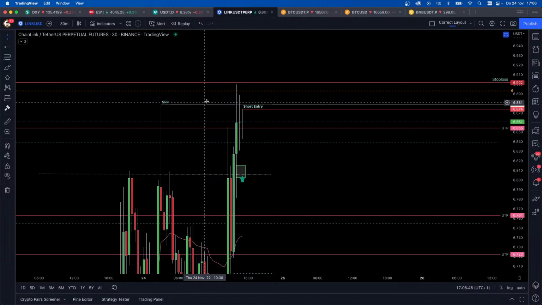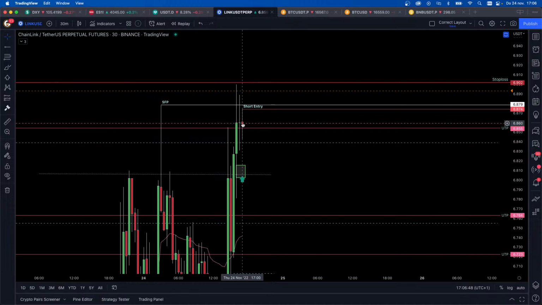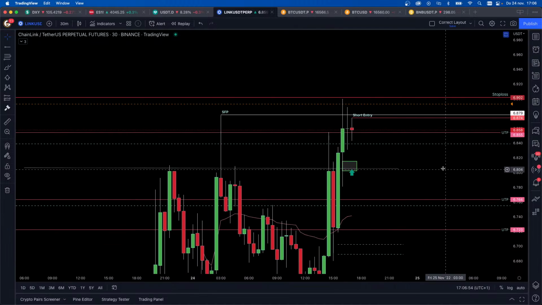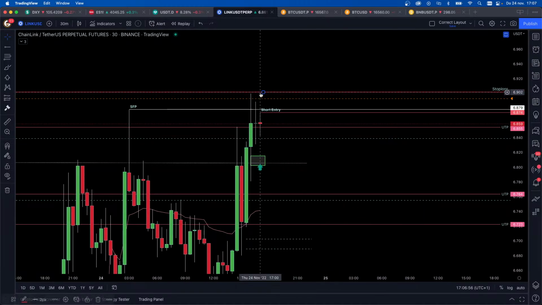So my rule is for this SFP that we need 2 candle closes below the SFP high, which we are receiving. And then you just place your stop loss over the wicks from that next high.